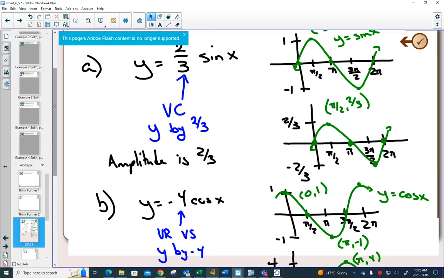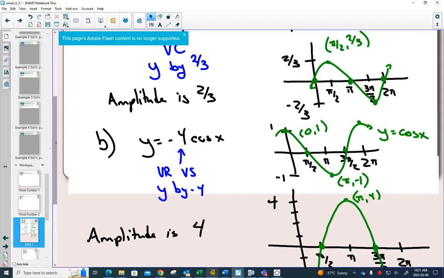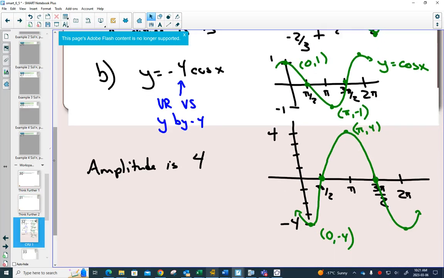In the second one, a cosine graph, normal max and min are 1 and -1. When we multiply by 4 or -4, they're now 4 and -4. We're always going to use our axes family, our period divided into 4 equal sections, to be able to graph this.